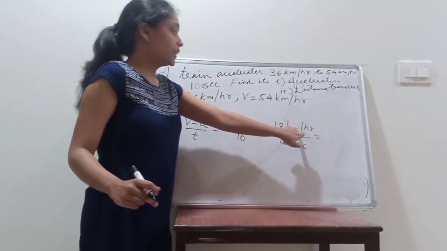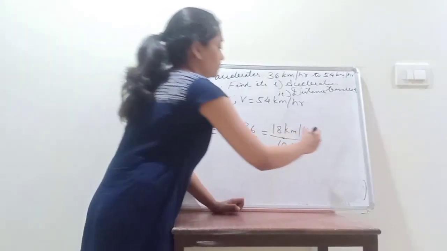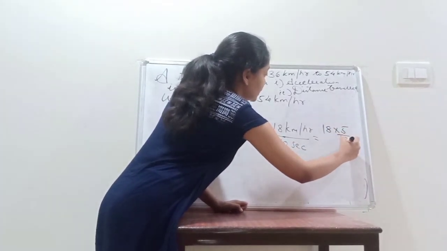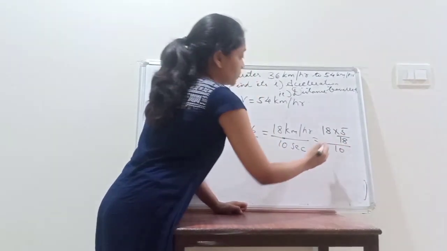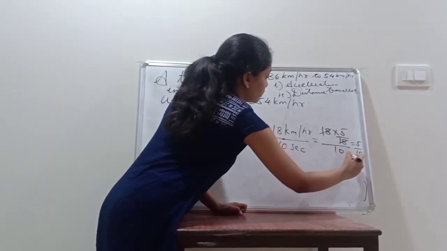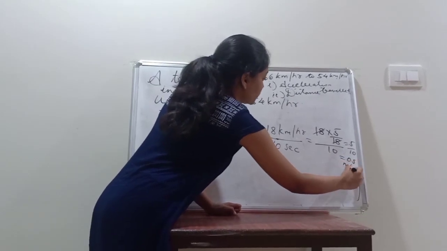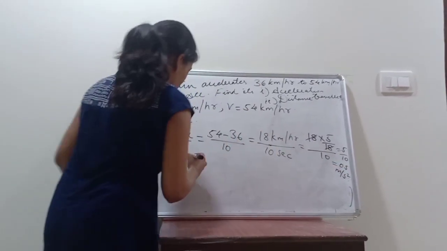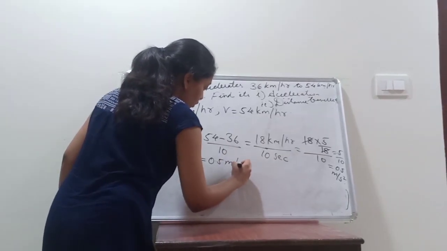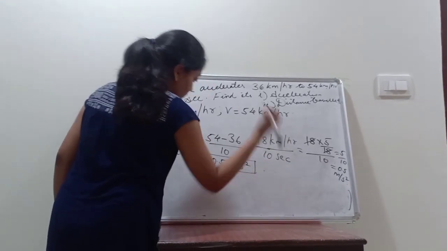Because this is in kilometer per hour, let's convert this into meters per second. 18 into 5 by 18 by 10. So this will become 5 by 10, which is 0.5 meters per second square. Acceleration will become 0.5 meters per second square.